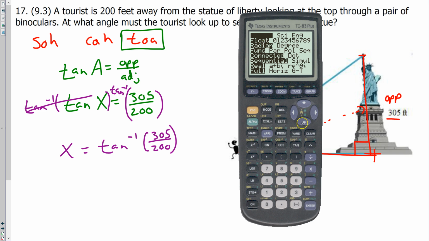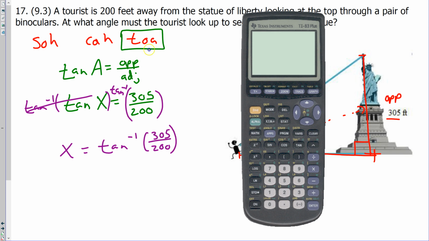So I need to arrow down and make sure that the degree is now highlighted. Once it's highlighted, I can exit out. And now when I do my tangent inverse, it will calculate it in degrees for us, which is what we need. So make sure whatever calculator you're using, you're familiar enough with it, and you know the settings well enough to make sure that you are in that degree mode.